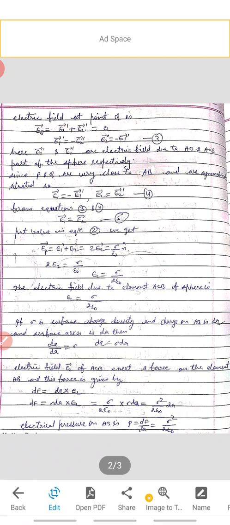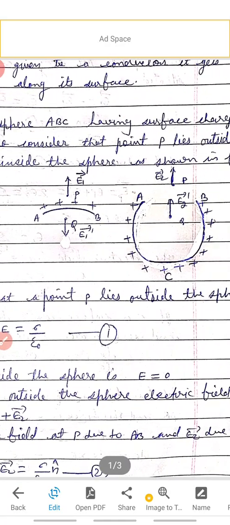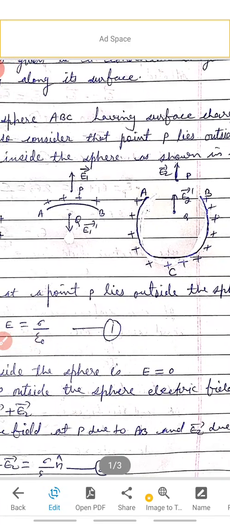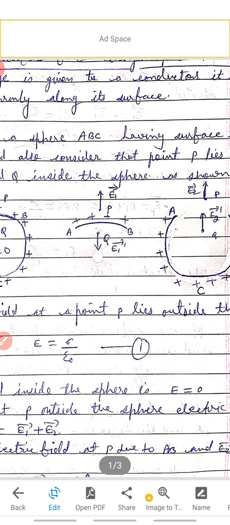Here E1 is equal to minus E1 dash because the directions of electric fields E1 and E1 dash at points P and Q respectively are opposite.